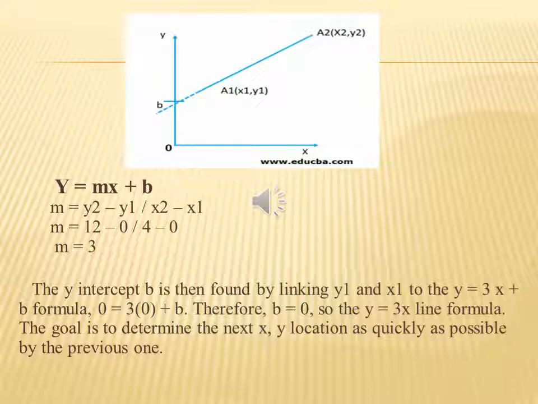And then y = mx + b, where m is the slope. There is one more useful form of a line equation called the parametric form.